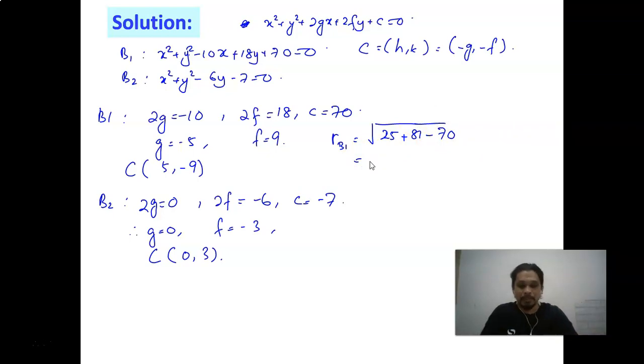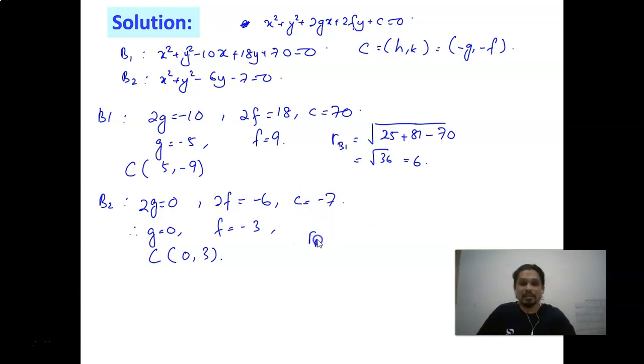Okay, so then here 25 plus 81 minus 70 equal to the square root of 36, and the radius is 6.